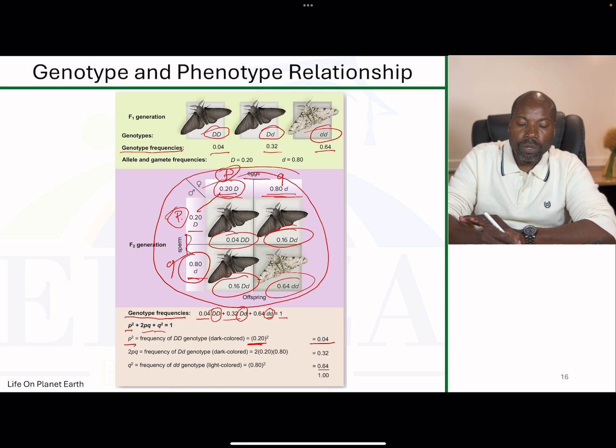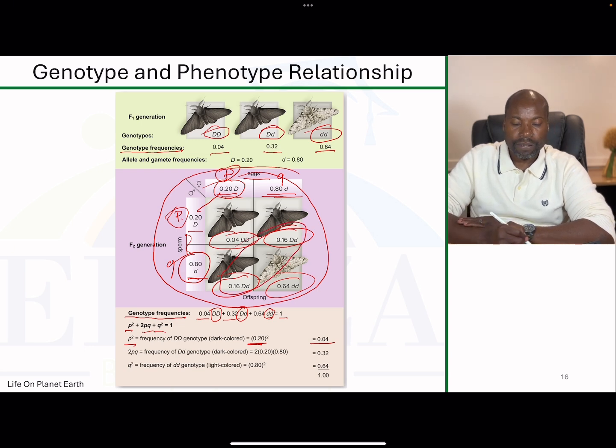Likewise, 2pq is 2 times 0.2 times 0.8, all together it's 0.32. Finally, q squared is 0.8 times 0.8, so that's 0.8 squared. That's 0.64, right? All together, it's 1.